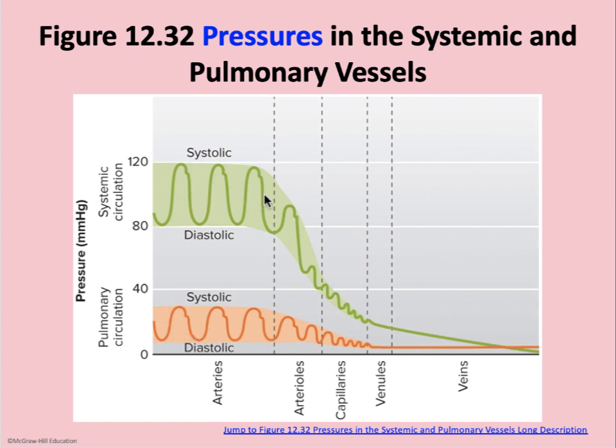As you can see here, there's a drastic drop in the systemic circulation's pressure as you move away from the arteries through the arterioles, and almost zero pressure when you get to the end of the veins and return back to the heart.